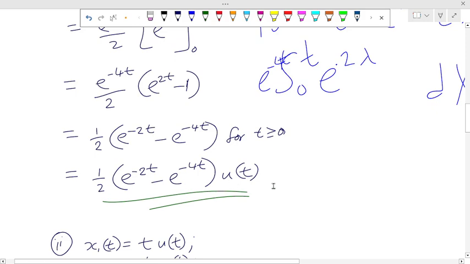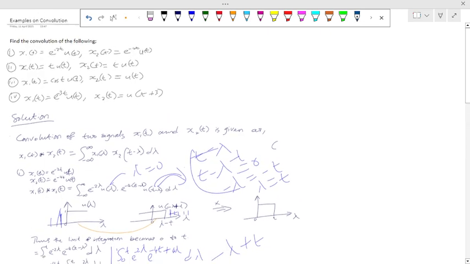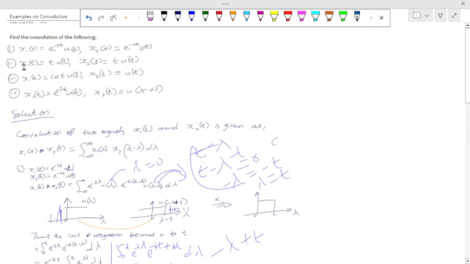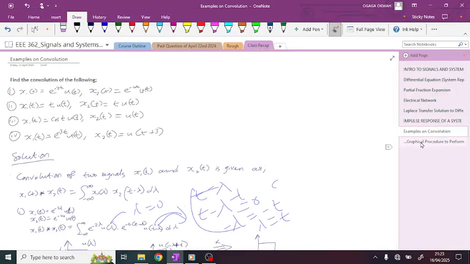We just solved the first one, and this same approach is what you do for number 2, number 3, number 4. For the sake of time, I'm not going to do 2, 3, and 4. In the next video we are going to do the graphical procedure to perform this.